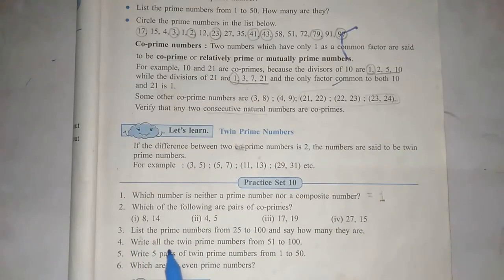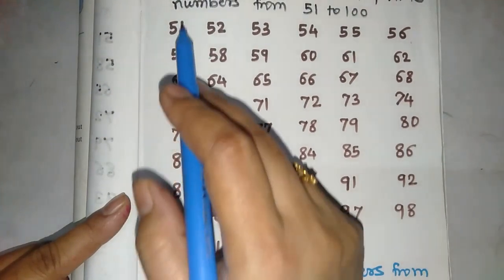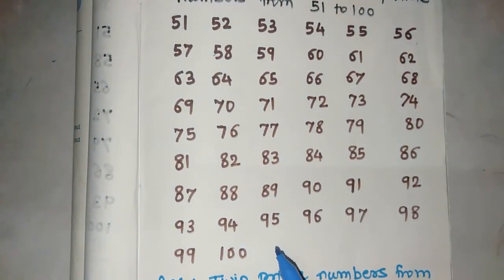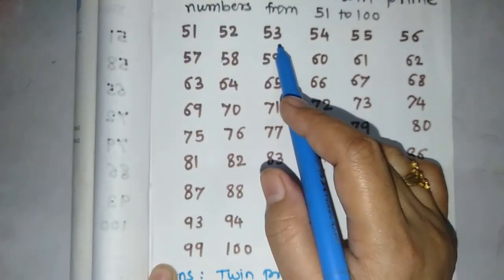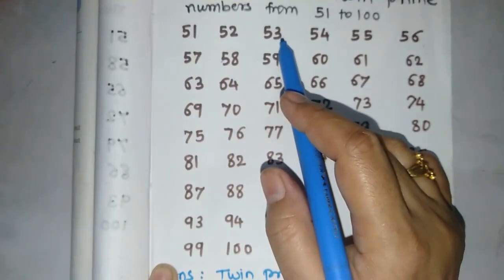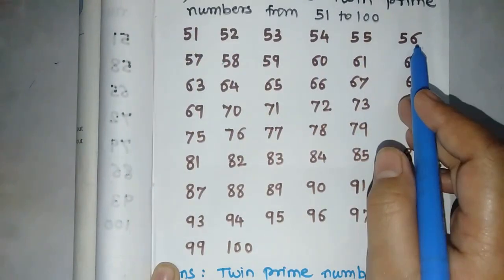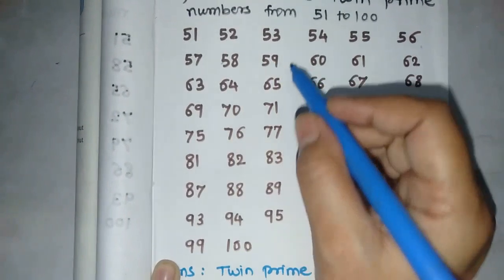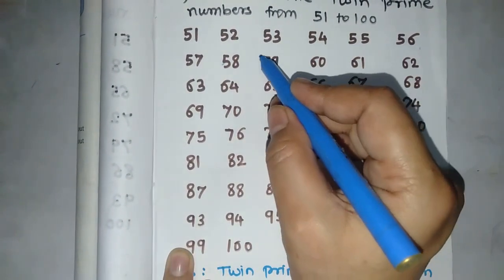Fourth question. Write all the twin prime numbers from 51 to 100. I have written here the numbers from 51 to 100. So 51 is not a prime number. 53 is a prime number, but 55 and 51 are not prime numbers. 56, 57, 58, 59 is a prime number and 61 is also a prime number.